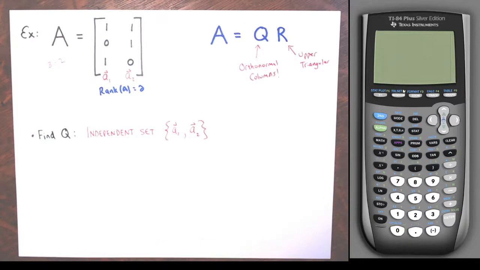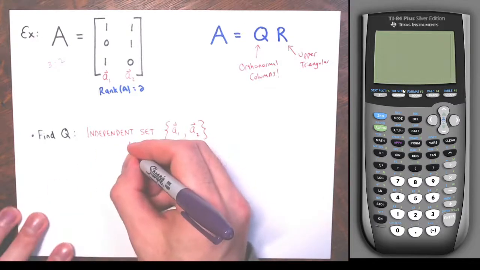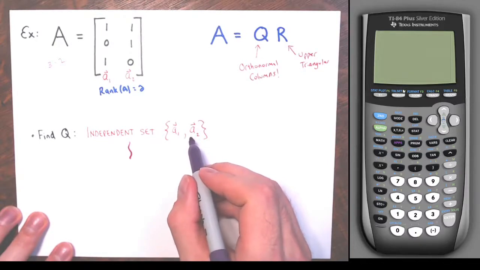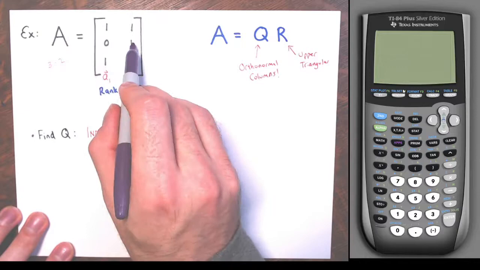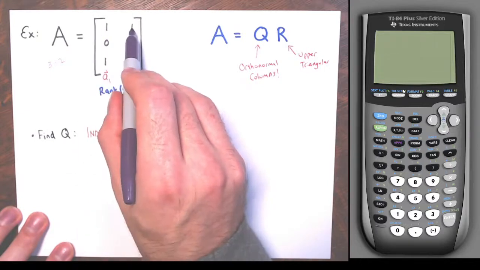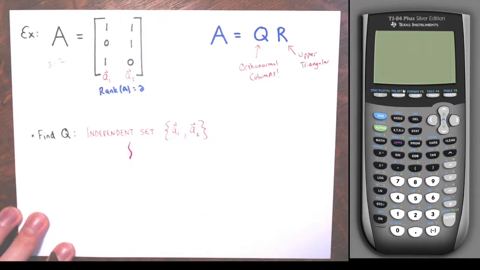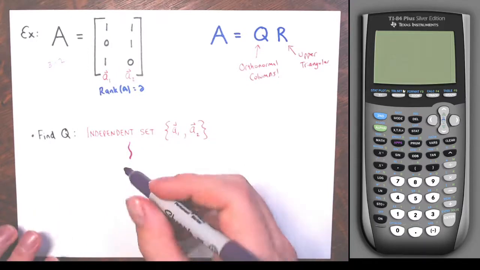I'm going to perform that Gram-Schmidt procedure because this is not an orthogonal set, so definitely not orthonormal. Look at the dot product of 1, 0, 1 with 1, 1, 0. The dot product of these 2 vectors is 1, not 0. They're not orthogonal under the dot product.